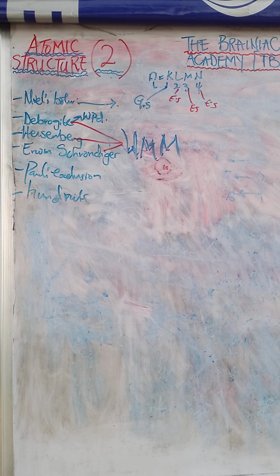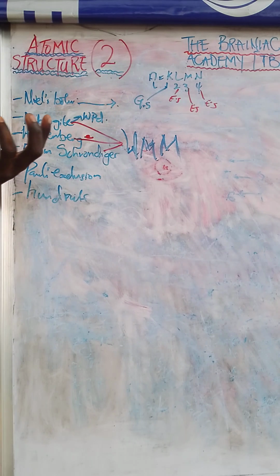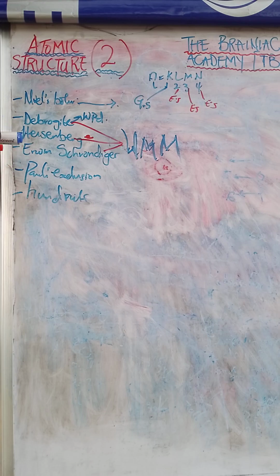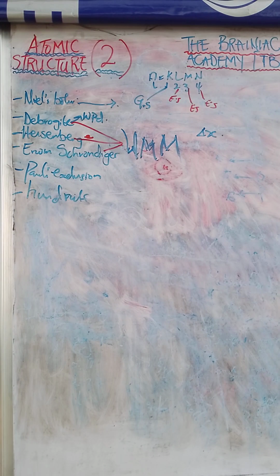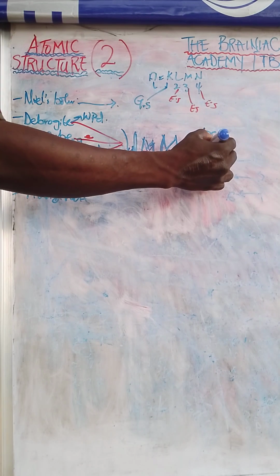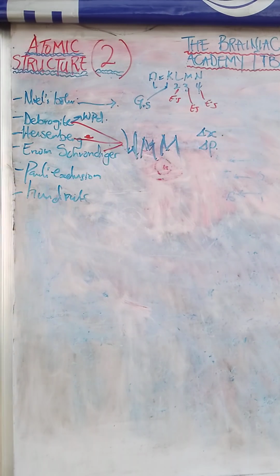Then Heisenberg explained the uncertainty of our electron, where he brought us a principle that we cannot determine the location, the change in x, and our momentum with certainty.